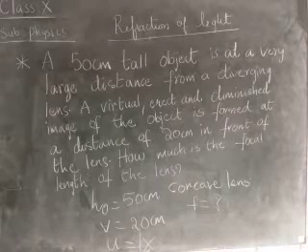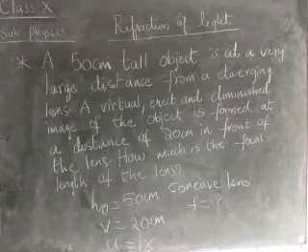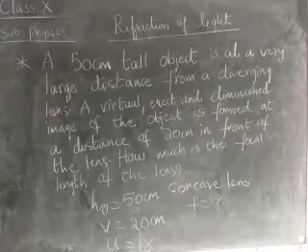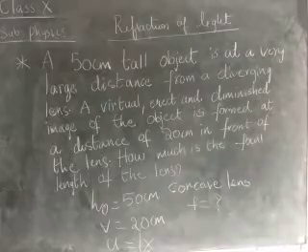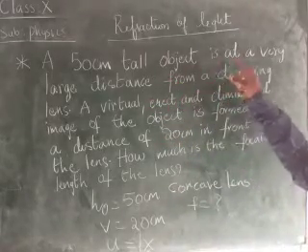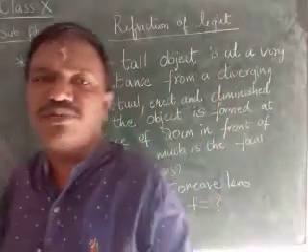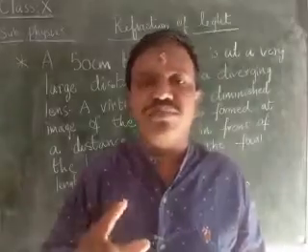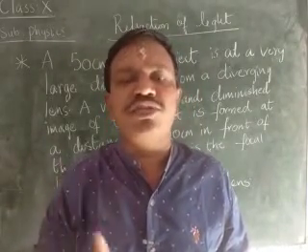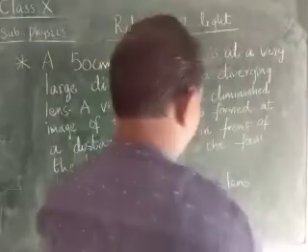A virtual, erect and diminished image of the object is formed at a distance of 20 centimeter in front of the lens. Normally in this problem, he is saying that the object is placed at a very large distance. Object placed at large distance means object is at infinity, children. When the object is at infinity in the concave lens, where is the image formed, children? The image is formed at the focal point.